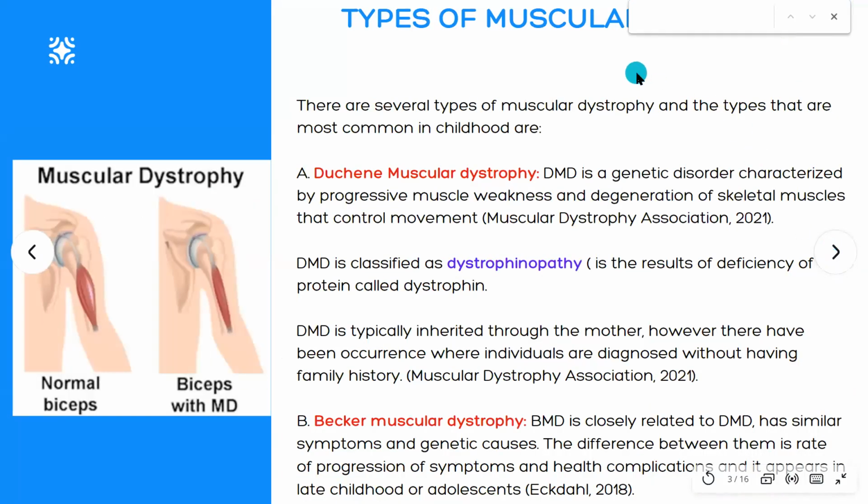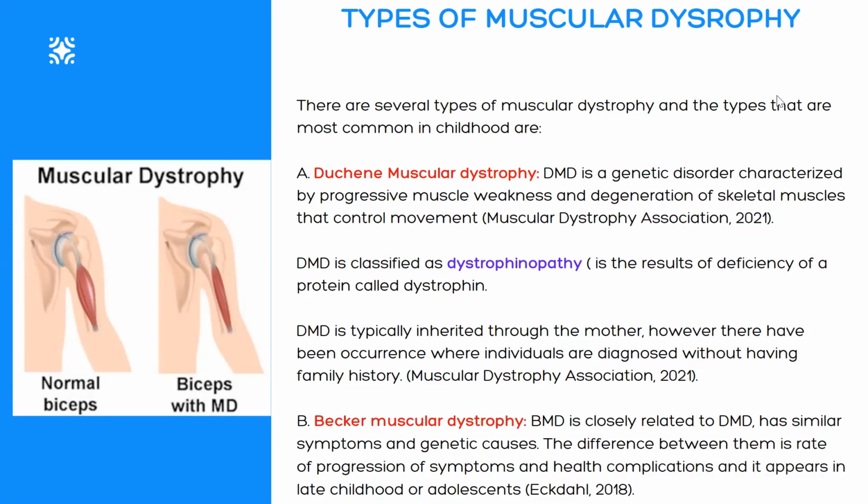The two types of muscular dystrophy that I'll be presenting here are Duchenne muscular dystrophy and Becker muscular dystrophy, which are very common in children as well as adolescents, which I'll go into more detail.